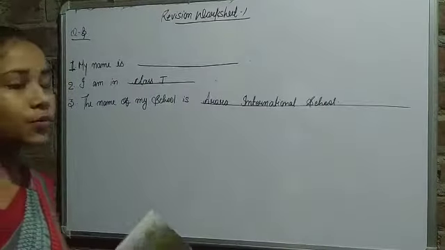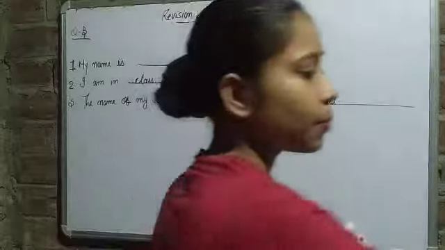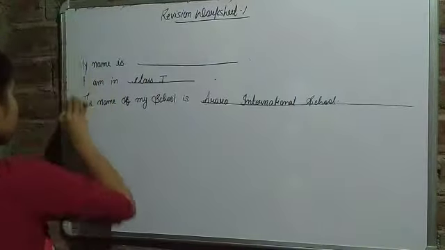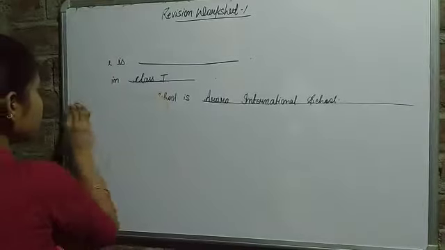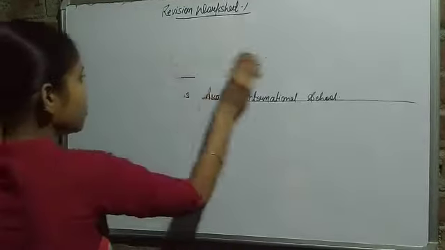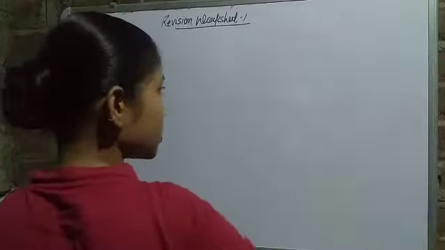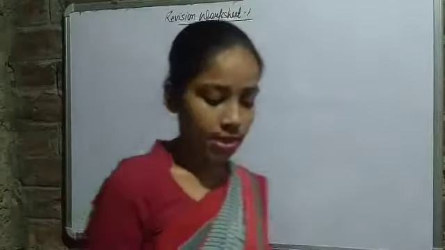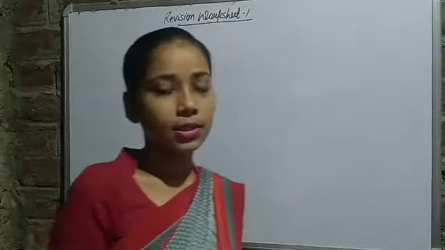Now let's move on to question number C. So what do we have in C? In C we have: write person, place, animal or thing next to these words.